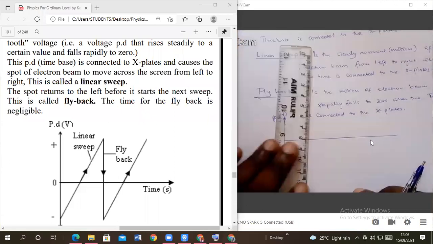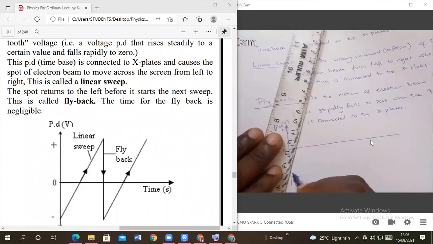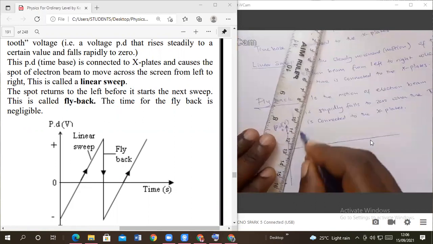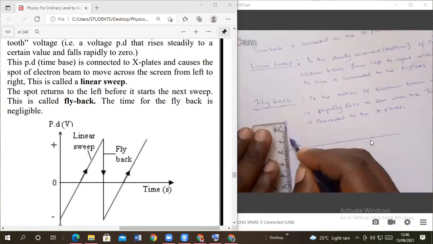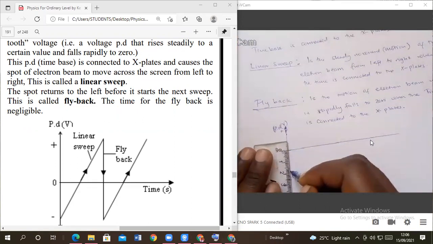So we are going to draw the linear sweep from the negative to the positive. This distance here must be the same, so if that is 1.8, this should also be 1.8 somewhere here.